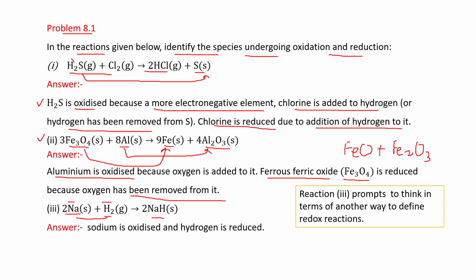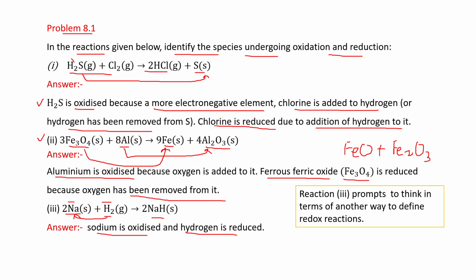Hydrogen is added to sodium. Addition of an electronegative element is oxidation, so we can say sodium is oxidized. And the same reaction can be visualized in terms of sodium being added to hydrogen, and sodium is an electropositive element, so we can say hydrogen is reduced.